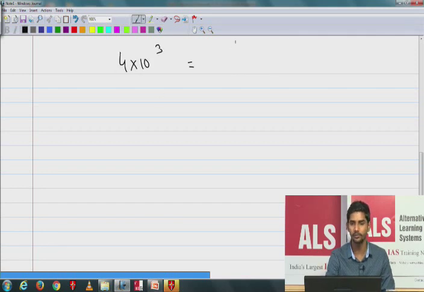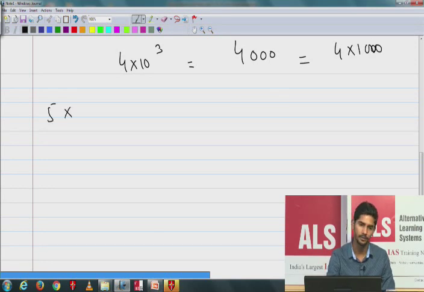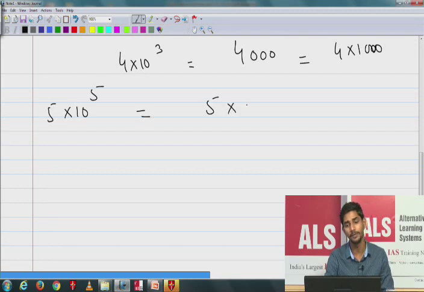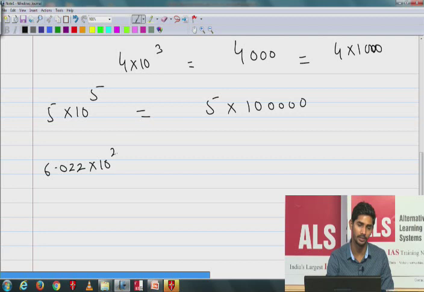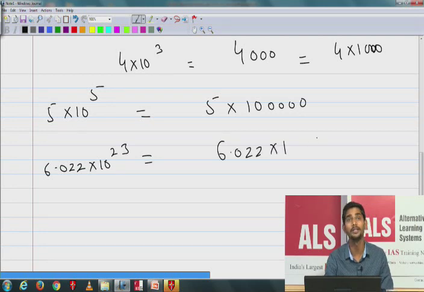This means that you can simply put 3 zeros after the 4, or it can also be written like this, 4000. If you say 5 into 10 to the power 5, it means I can put 5 zeros after the 5. Now you are saying 6.022 into 10 to the power 23. It means that after 6.022, I need to put the 23 zeros.